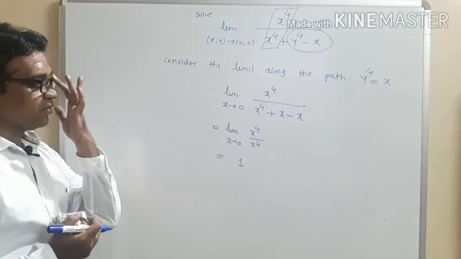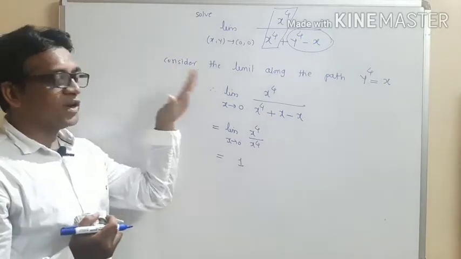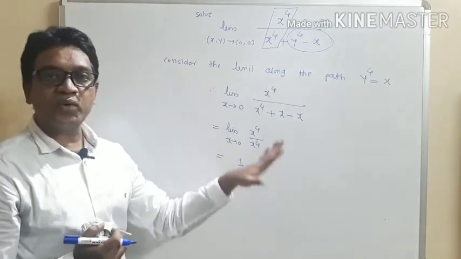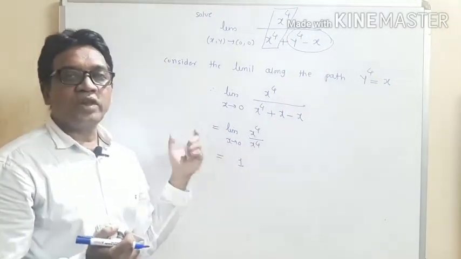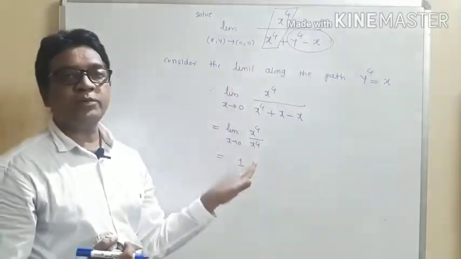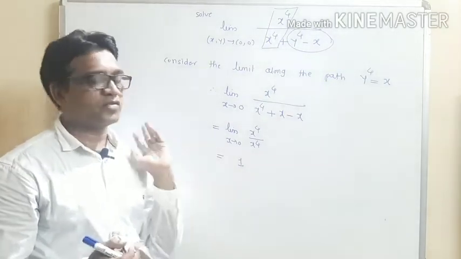So what is our observation? Limit along first root is 0. Limit along second root is 0. And limit along third root is some different value. So limits are different along different paths. So we can say that the limit does not exist.